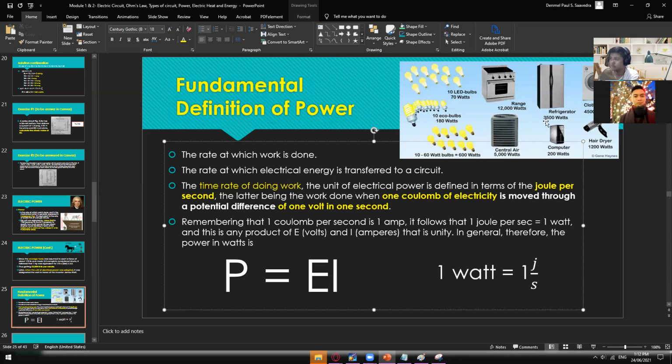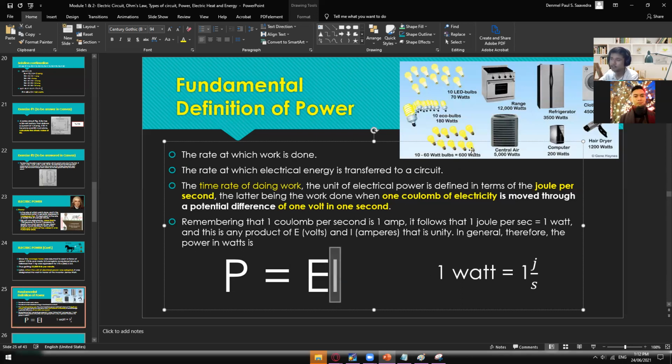Of course, the larger the appliances, the more wattage that it will use. Like a refrigerator is 3,500, a hair dryer is 1,200, and so on and so forth. So just imagine that your E is the voltage that appliances will need, and then the current that that device will need.